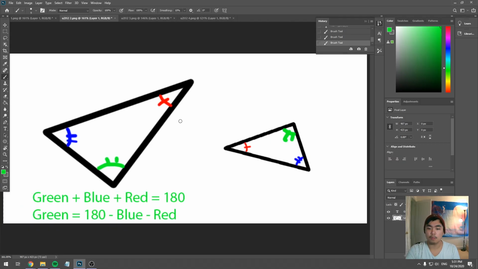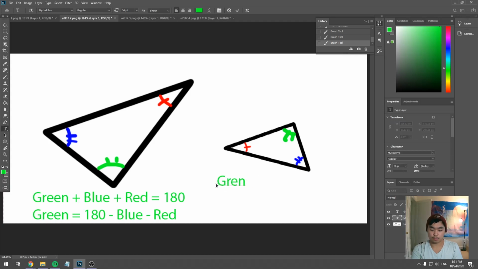What about the small one? Well, the small one should also be the same, right? The green angle plus the blue plus the red should equal 180, right? So this green angle should also equal 180 minus blue minus red, right? It's the leftover, the remaining amount after subtracting those red and blue angles, right?